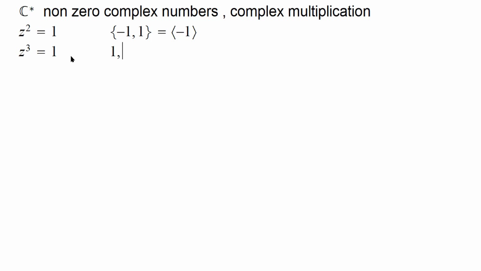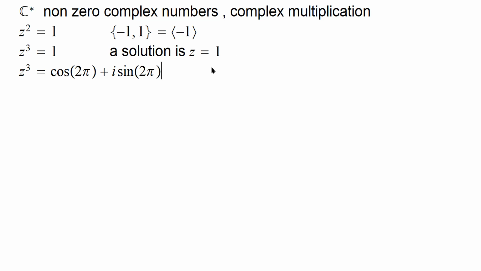So one solution is, of course, z equals 1. But how do we get the other solutions? So we may do this. So see this here. Say we have z cube. Now I'm going to write this as cosine of 2 pi plus i sine of 2 pi. All right.